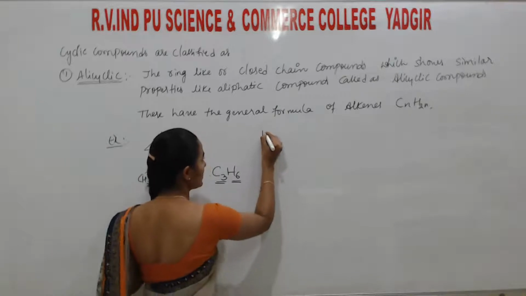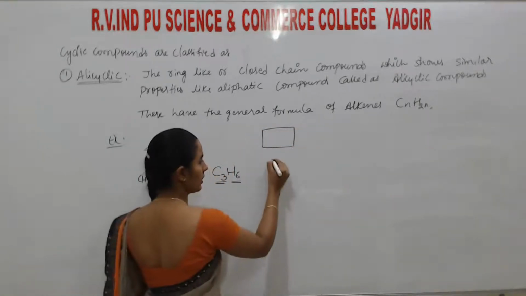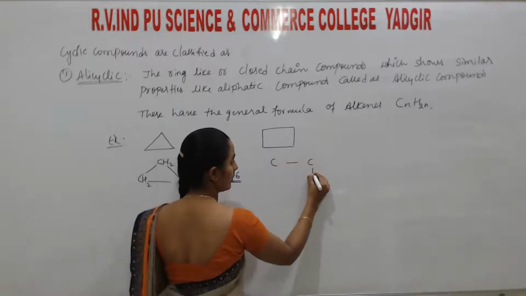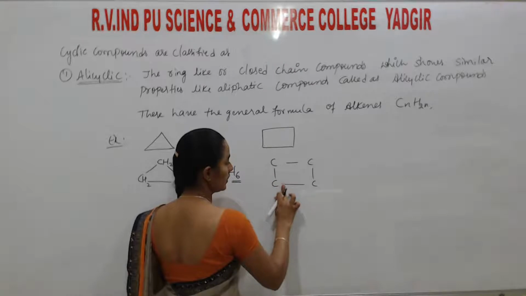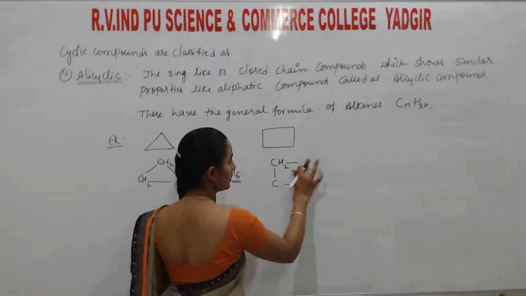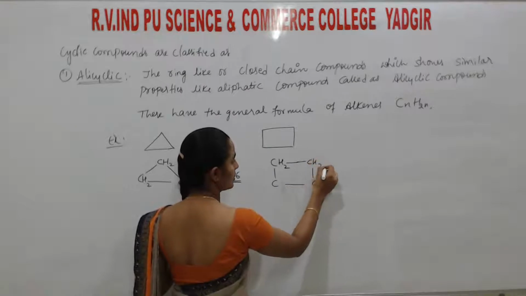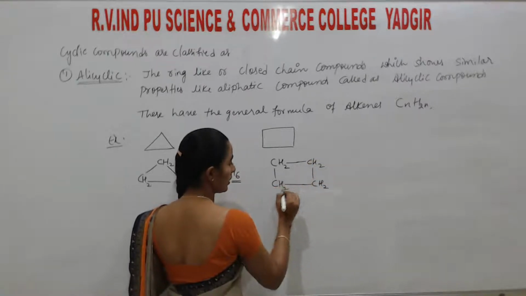Next, if you consider cyclobutane, here it is carbon, carbon, carbon, carbon. Correct? Here two bonds are there, H2, two bonds, H2, two bonds, H2, two bonds, H2.